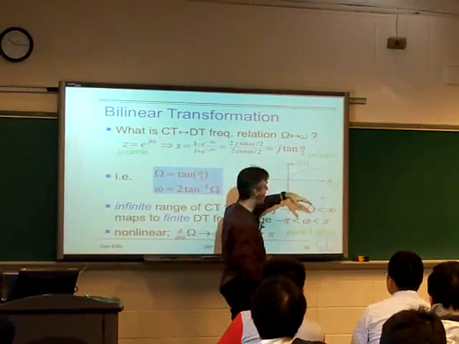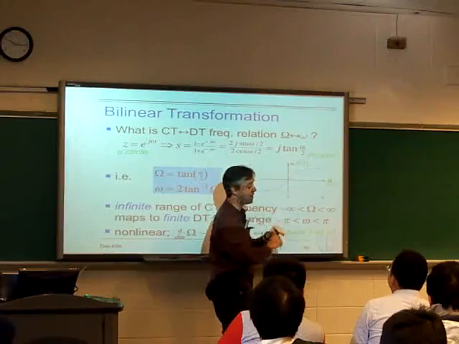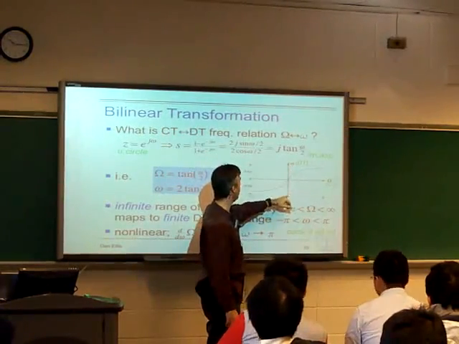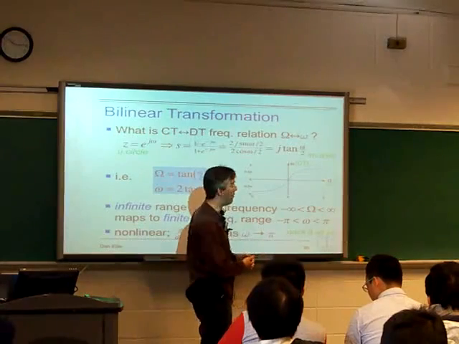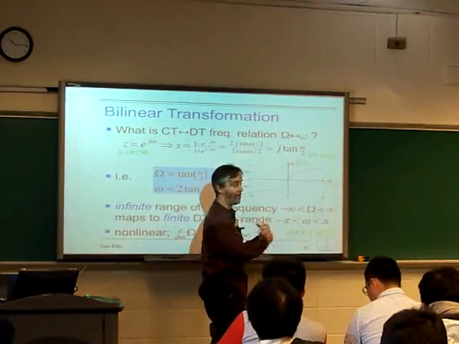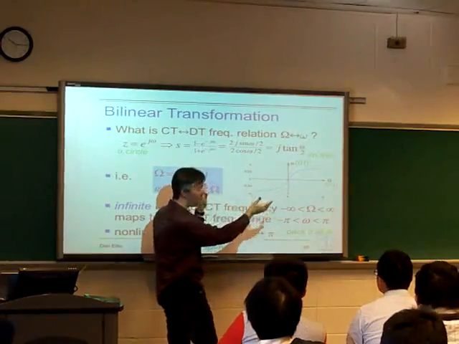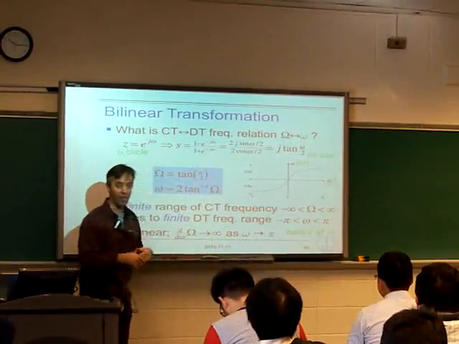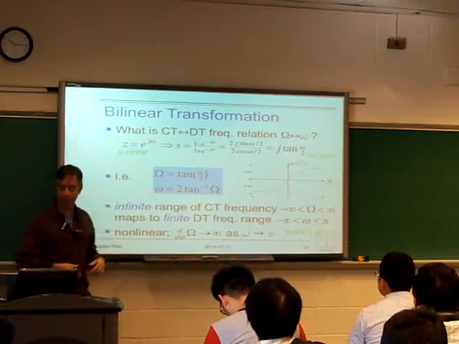Actually, as we noted last time, it's a periodically repeating finite range, but the principal values are between, in discrete time, we can only have the radians per sample vary from -pi to +pi before we start getting aliasing, we get repetition. But we're going to map the entire -infinity to +infinity radians per second continuous time frequency axis onto that, which we do with this arctan function, which has these asymptotes, so that the infinite range of big omega falls into a finite range of little omega.